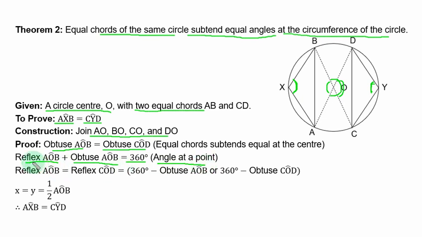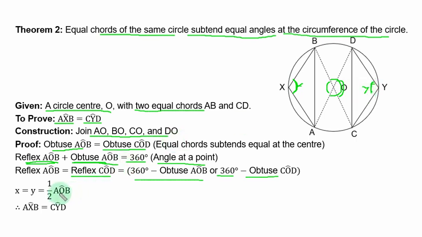From here, if you make the reflex angle the subject, you have to transfer this to the right hand side and you have it in this form. If you do the same thing considering triangle COD, you have it that its reflex angle is also 360 degrees minus the obtuse angle. It follows that s is equal to y is equal to 1 over 2 AOB. So here is small letter s and here is small letter y.